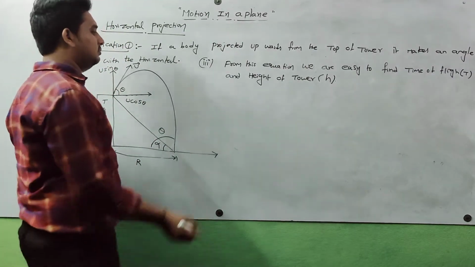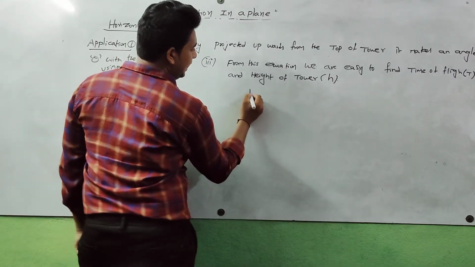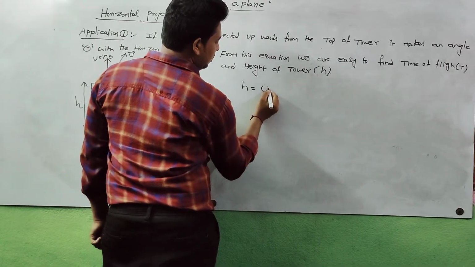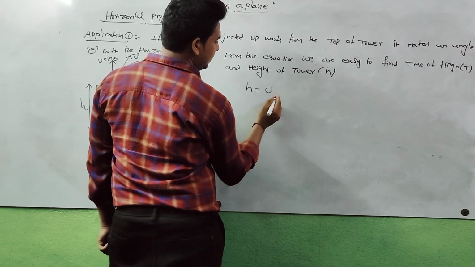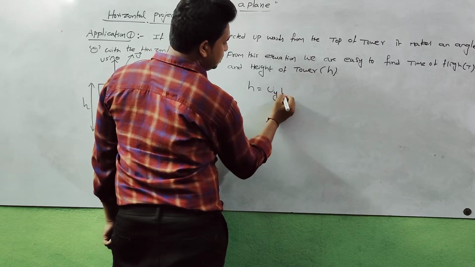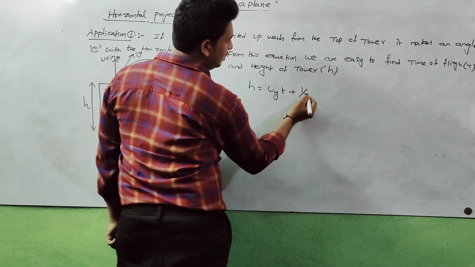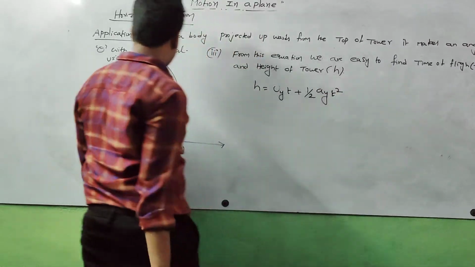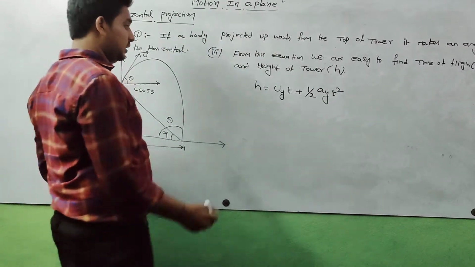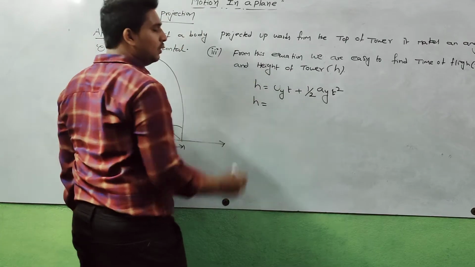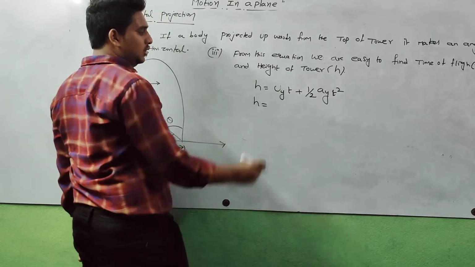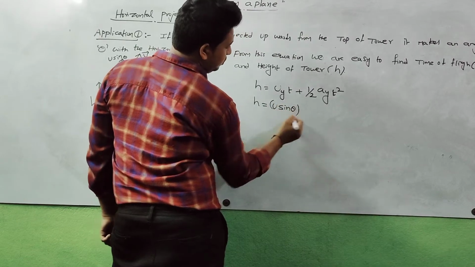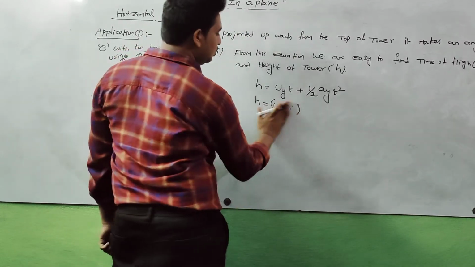So what is the equation? Simple equation: h is equal to uy into t plus half ay into t square. Here uy means u sin theta.